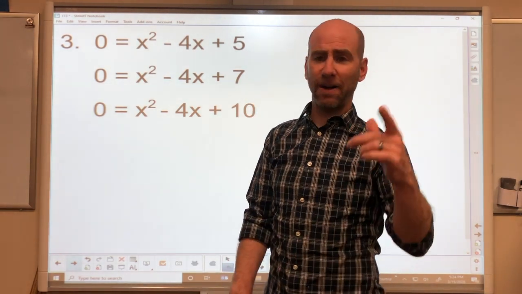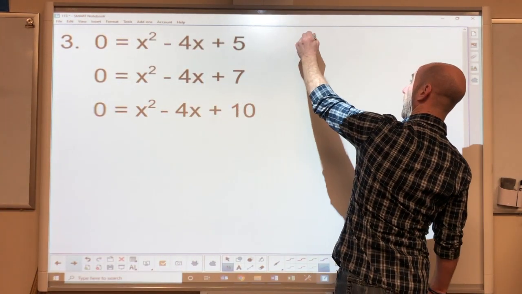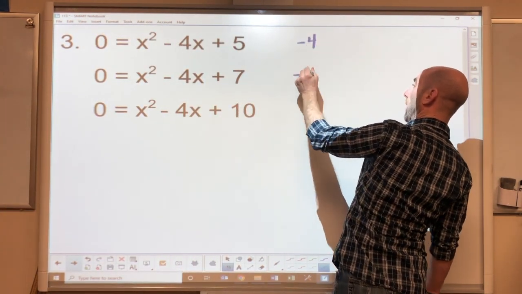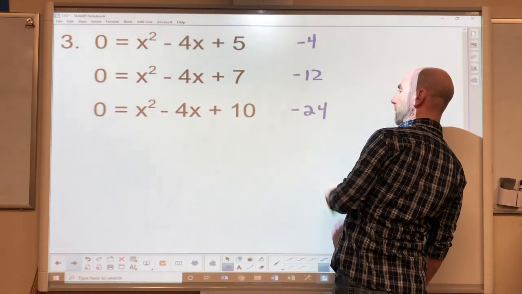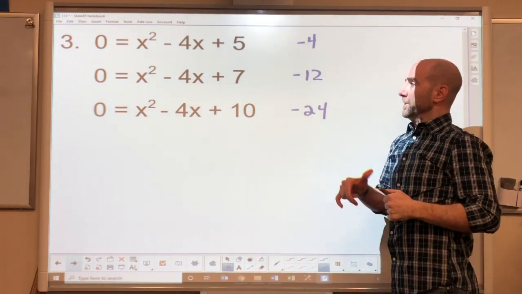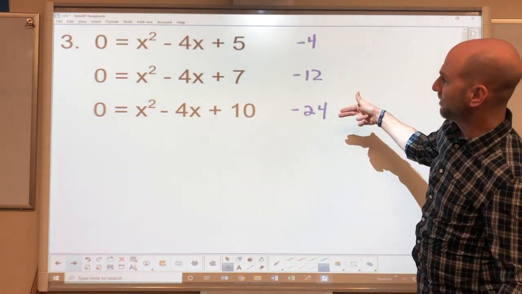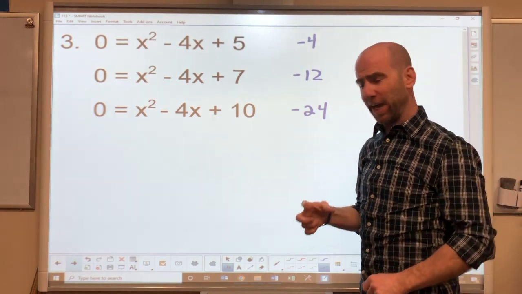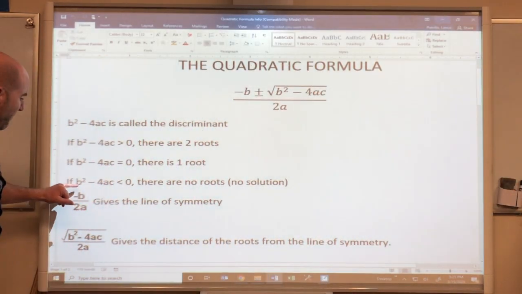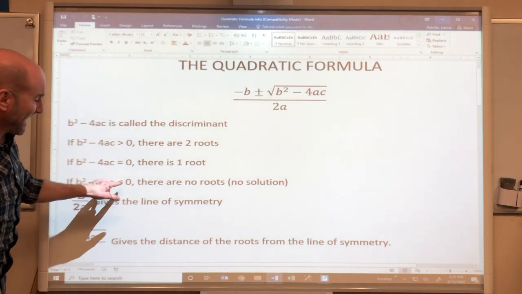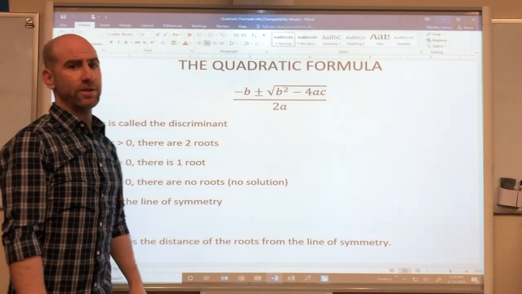So pause, find them. Okay. So the discriminant of all 3 of those are negative. So referring to your page, if the discriminant is negative, less than 0, then there are no roots or there's no solution.